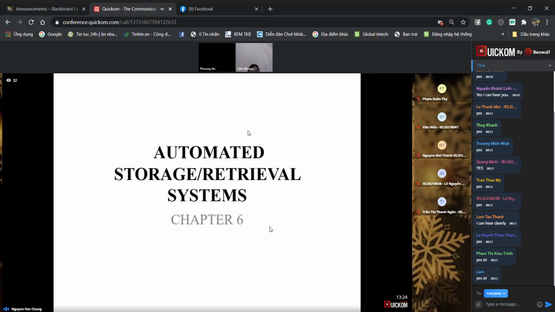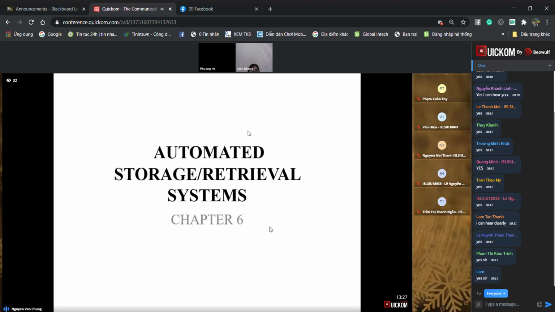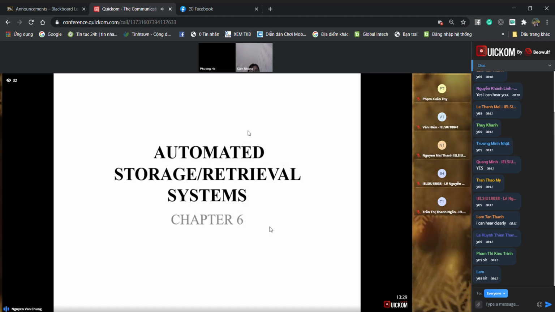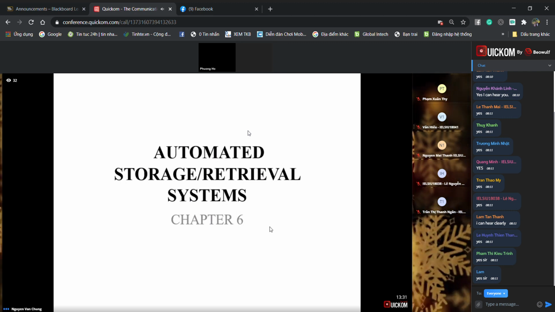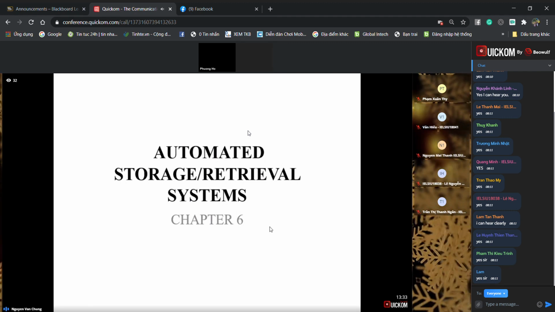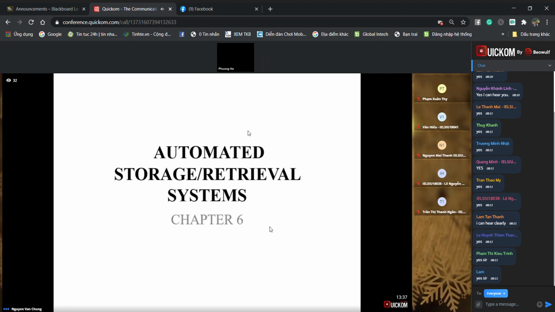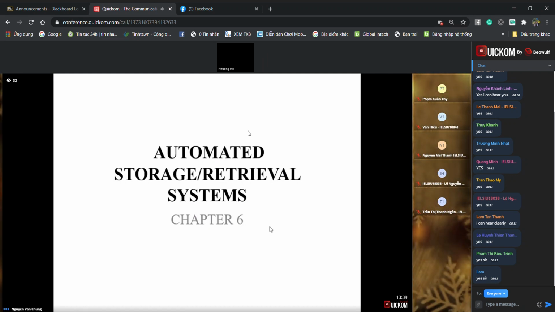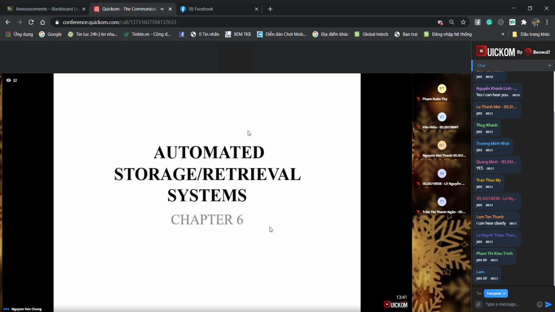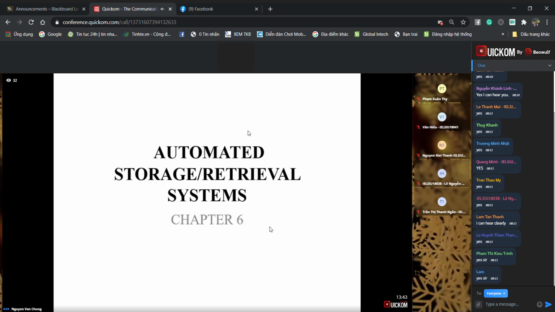Now, before that, I would like to review the definitions of automatic storage system, and then talk about the ASRS and carousel.